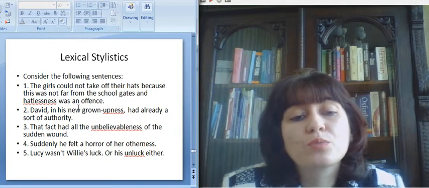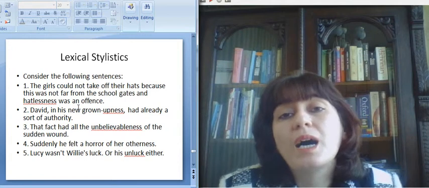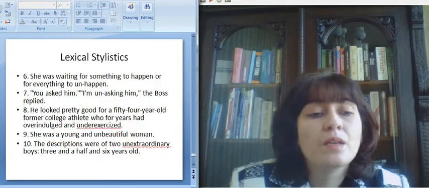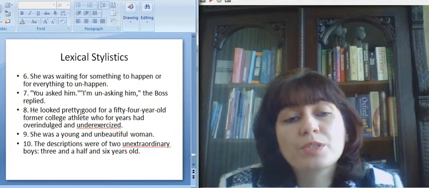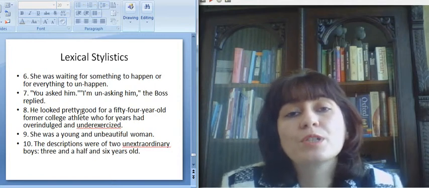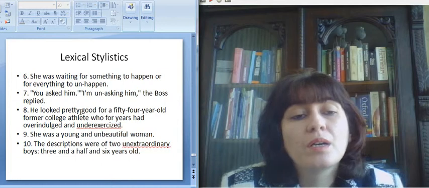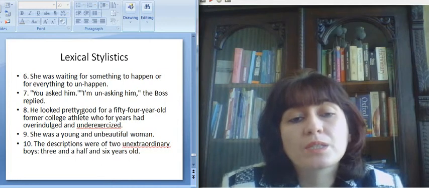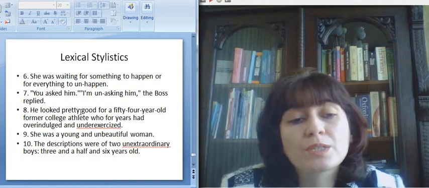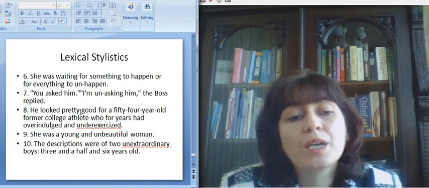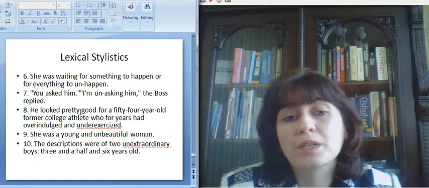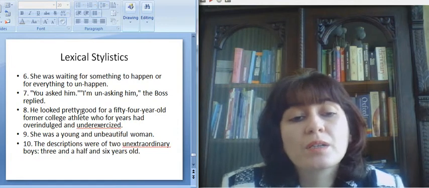"David, in his new grown-upness, had already a sort of authority." "That fact had all the unbelievableness of the sudden wound." "Suddenly, he felt a horror of her otherness." "Lucy was not Willie's luck, or his unluck either." "She was waiting for something to happen, or for everything to unhappen."